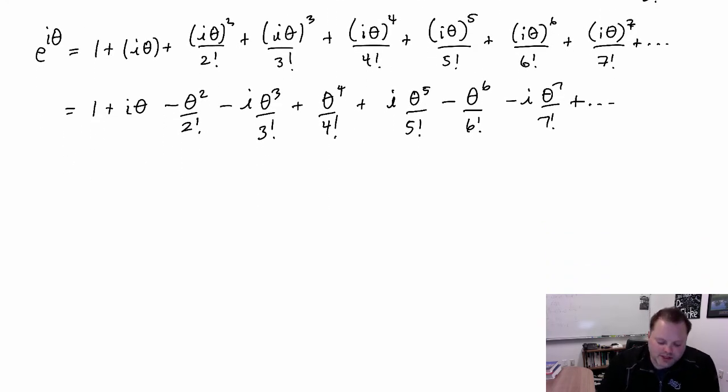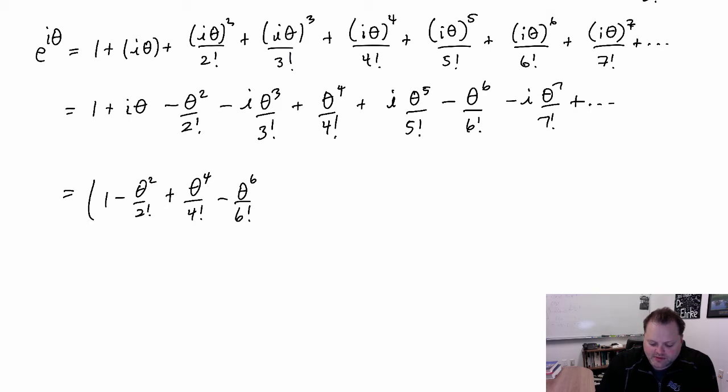But what's really interesting here is take all the real terms, all the terms without i's. You've got 1 minus theta squared over 2 factorial plus theta to the 4th over 4 factorial minus theta to the 6th over 6 factorial. You can see the pattern here. The next term would be theta to the 8th over 8 factorial, and so on. Now take all the terms that have i's.